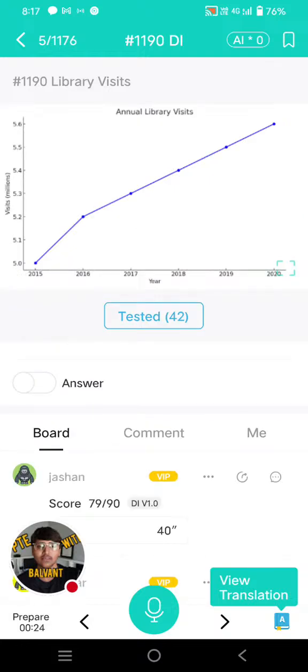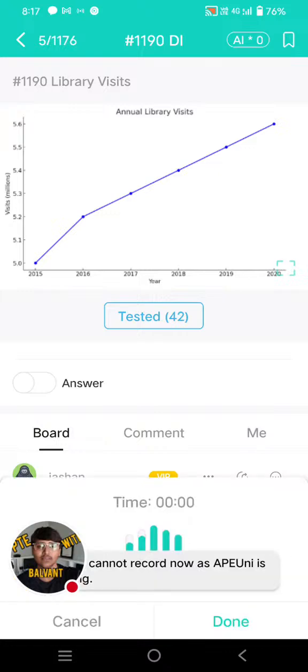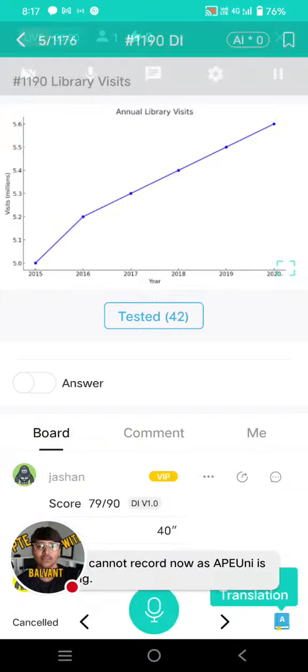Annual library visits. So what will be the main topic of this image? Annual library visits is the main topic of this image. 5.0, 5.1 and 5.2 are observed on the left side of the image. 2015, 2016 and 2017 are observed on the right side of the image.